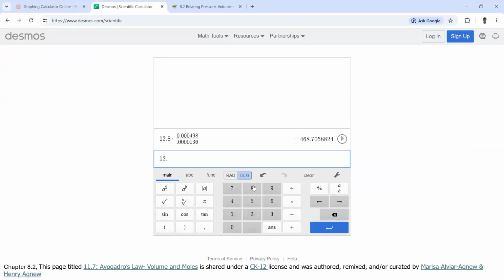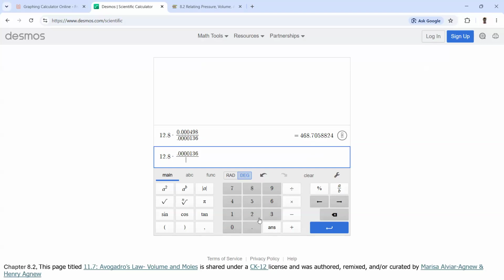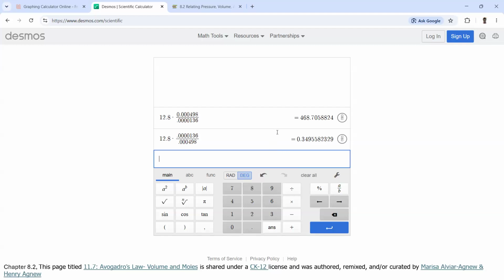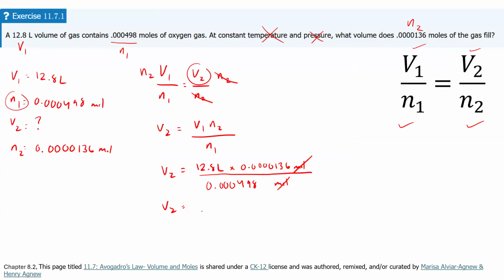It's 12.8 times 0.0000136 divided by 0.000498. Okay, a little better now. 0.3496 liters, right?